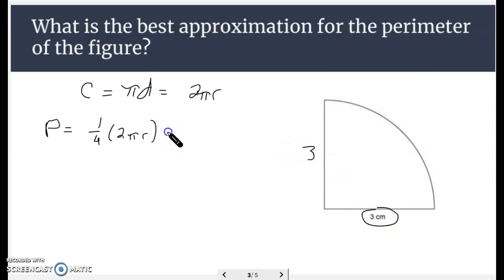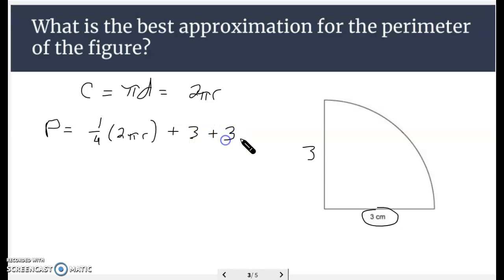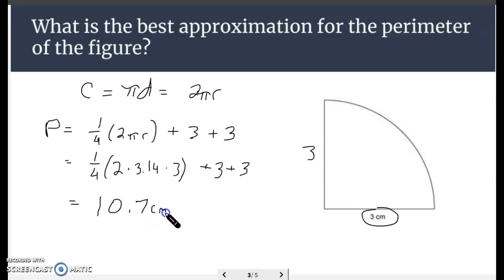We also have a 3 here, so we have to add those 2 radii for the 1/4 circle. We're going to substitute in 3.14 for pi, because this is an approximation. Radius 3, and then we're adding this 3 and this 3. Putting it all together in the calculator comes out to 10.7 centimeters.